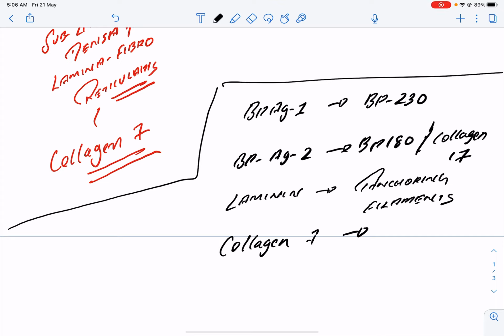Collagen 7 is also termed anchoring fibrils.